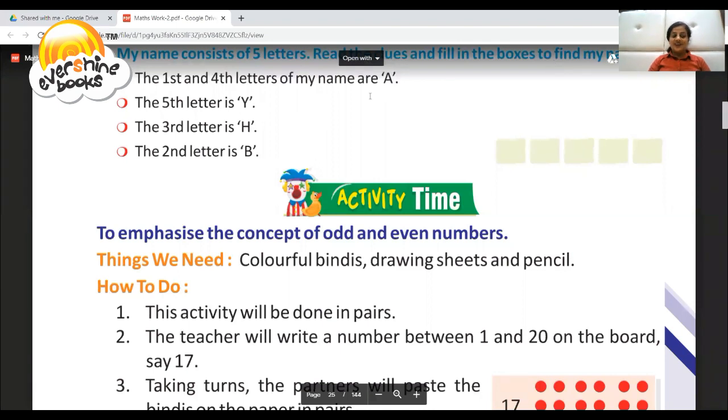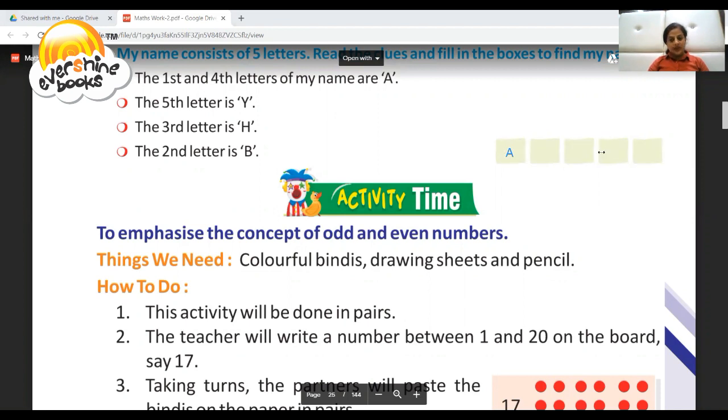Next is very interesting. In that, ordinal numbers position is given. My name consists of 5 letters. Read the clues and fill in the boxes to find my name. That is first and fourth. What is first position? This is our first position. So here A is done. A in capital. Okay. A. And first, second, third, and fourth.